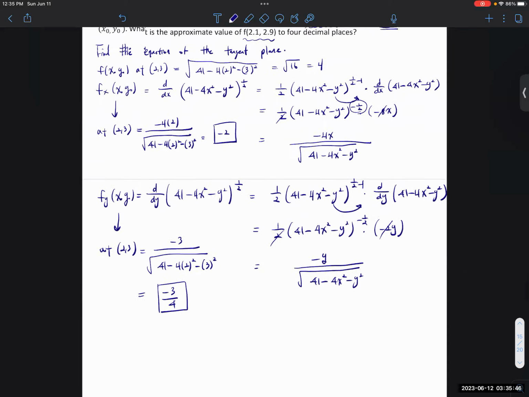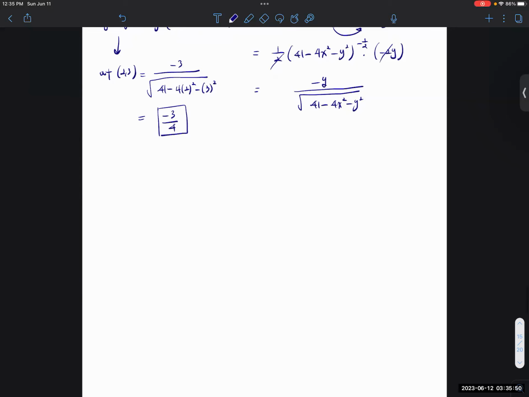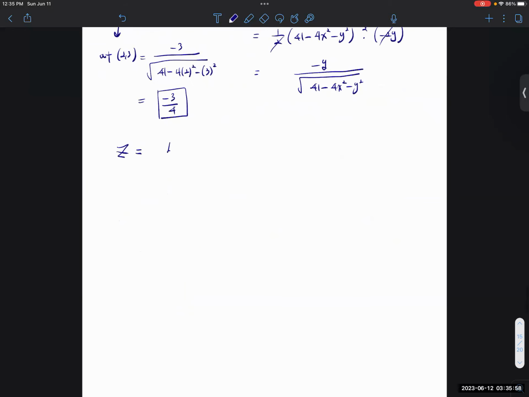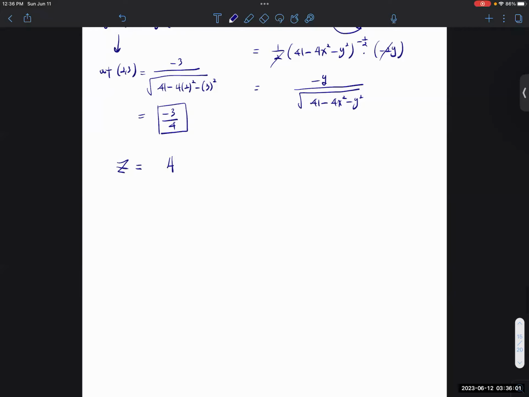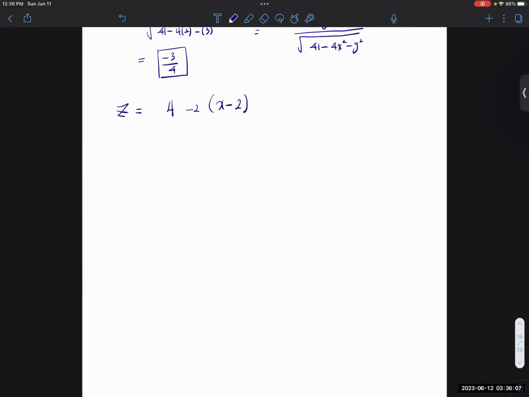So now let me complete the equation of the tangent plane. We've been practicing it. Then z equals, plugging in all the numbers we just got, 4 plus negative 2 times (x minus x0), which is, we use (2, 3), so x minus 2, plus negative 3 over 4 times (y minus 3).